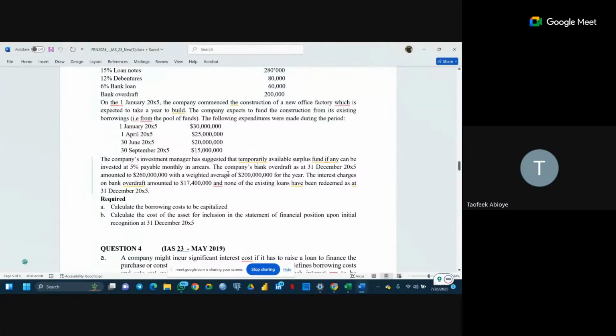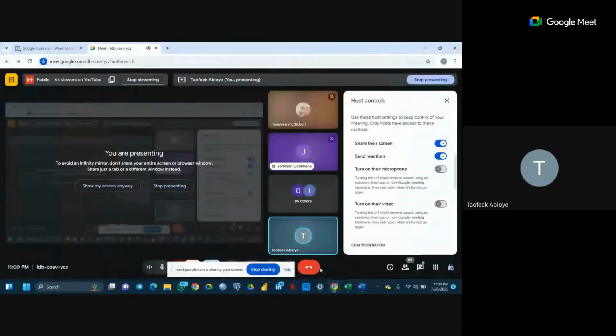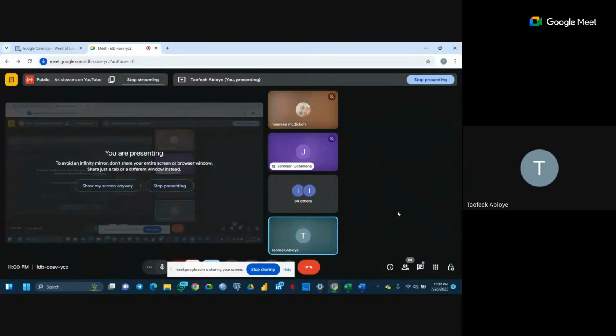The manager has suggested that temporary surplus funds, if any, can be invested, and we are not told that there is any surplus fund. We are only told that the fund manager suggests it to them, so we assume that there is no investment. Please, let's make the question very simple and avoid repetition.